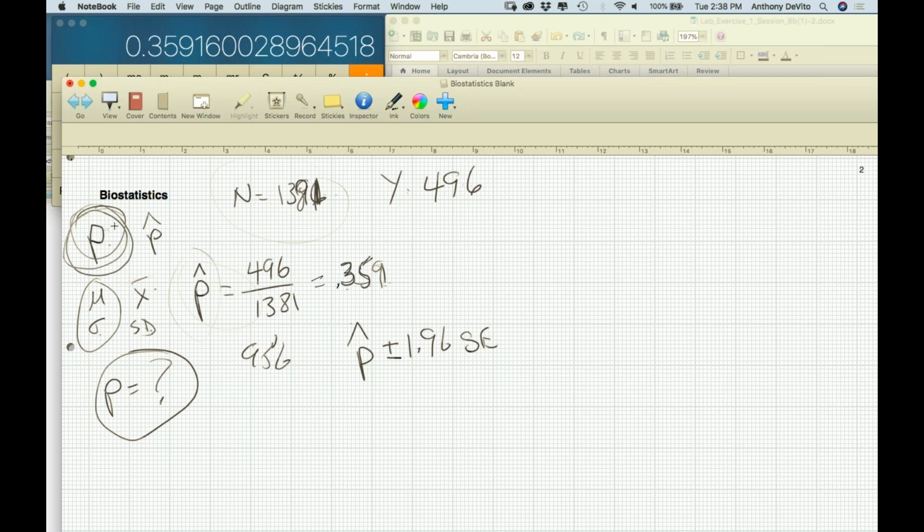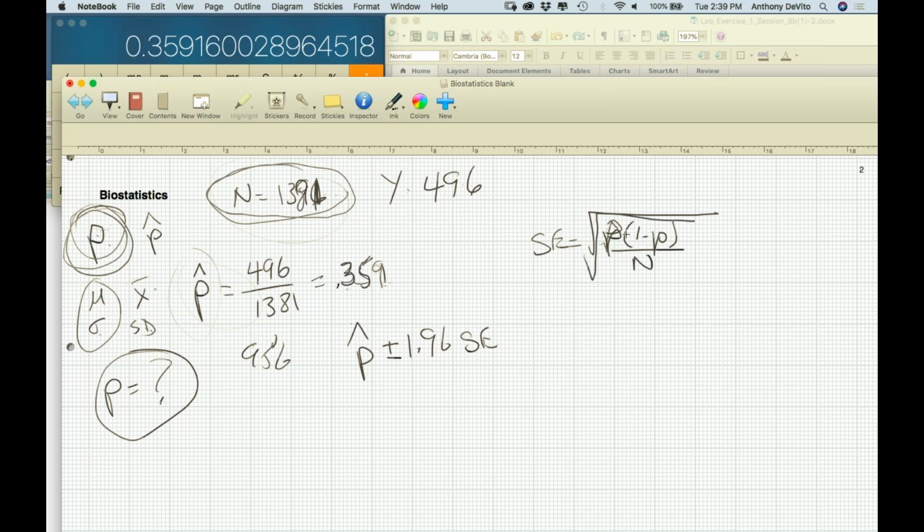But you want to know something. When you take a proportion, you almost always take a sample size that's so large that we don't really worry about the standard deviation of repeated samples anymore. We just say that we can calculate it this way. We're going to calculate the standard error by saying the square root of P times 1 minus P, over N. This is the square root of this whole thing.